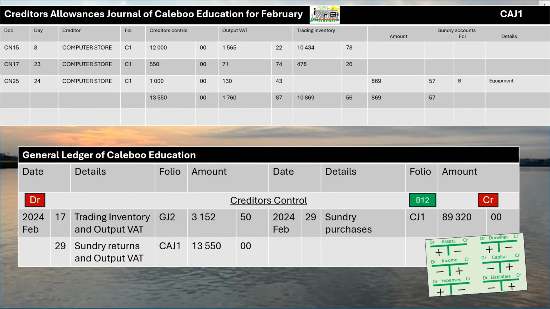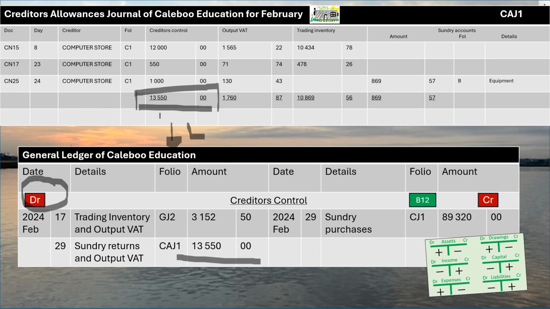Now we also returned items and were given rebates, or we were overcharged on certain items. So the allowances for the month of February was 13,550. That there is a decrease in liabilities, so it will go on the debit side in the control account in the general ledger.